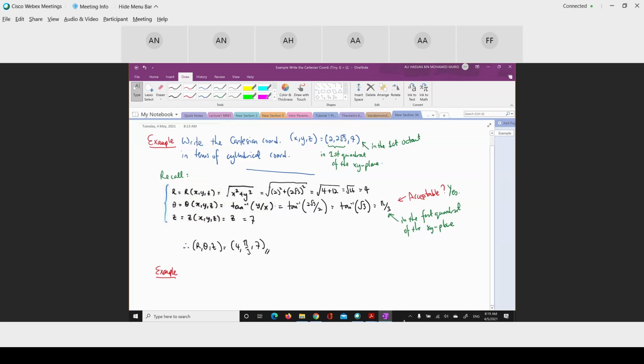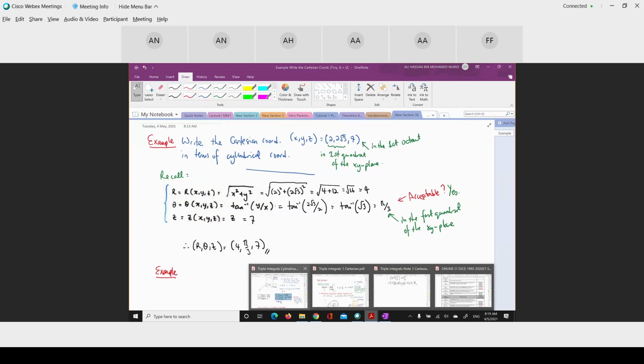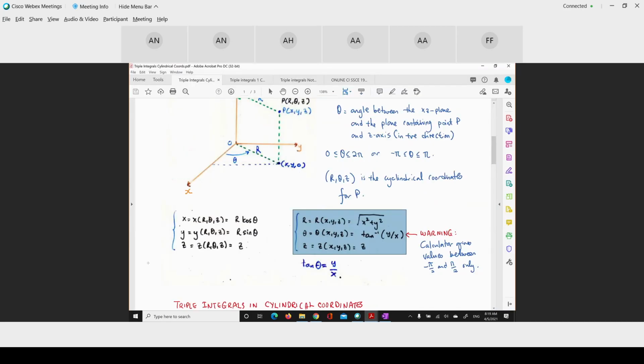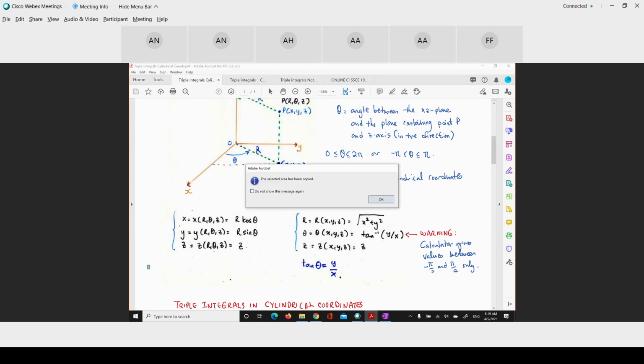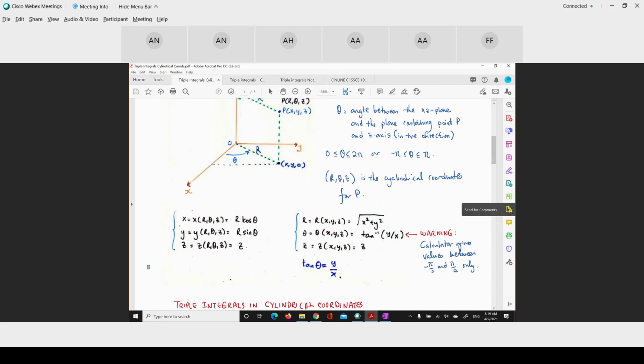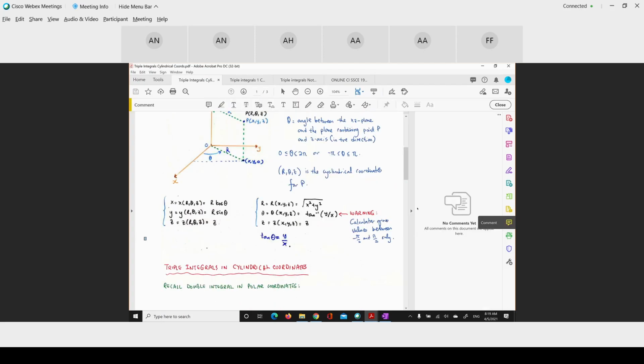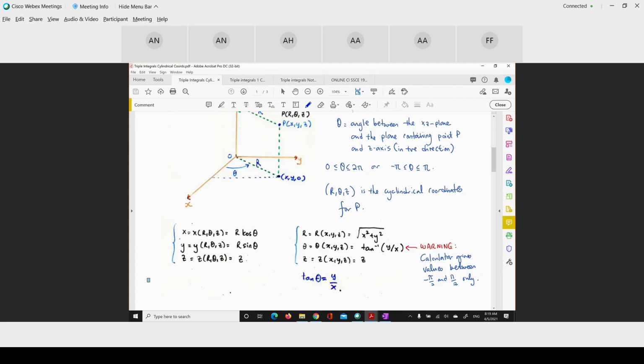I should make a note here. Sometimes the small letter r is used instead of the big capital R for polar coordinate.